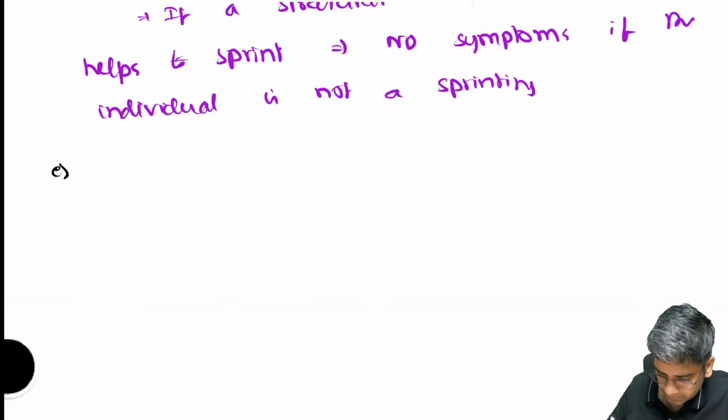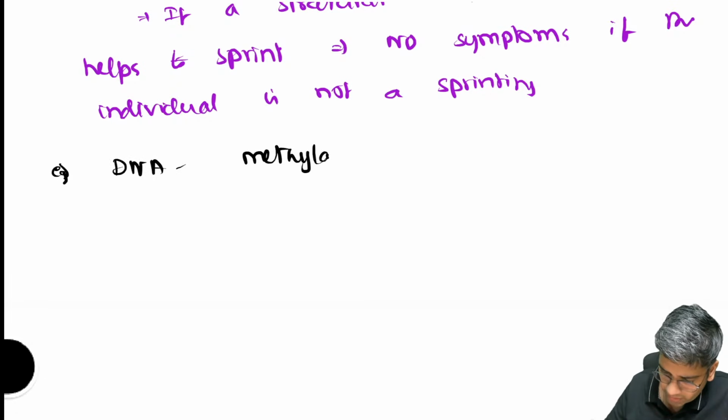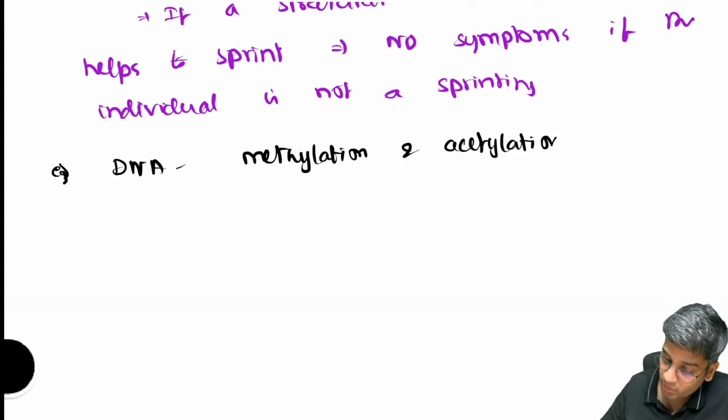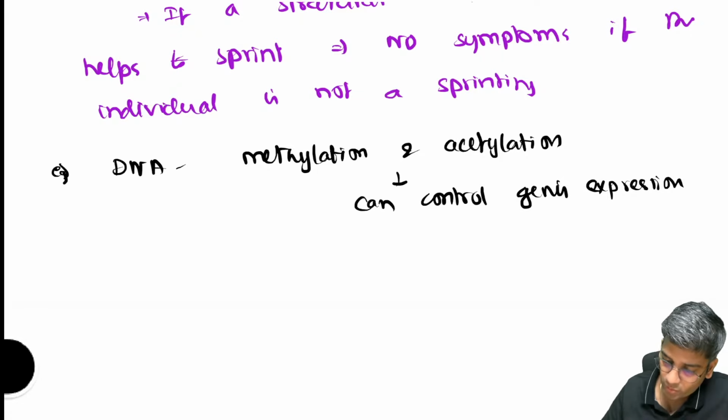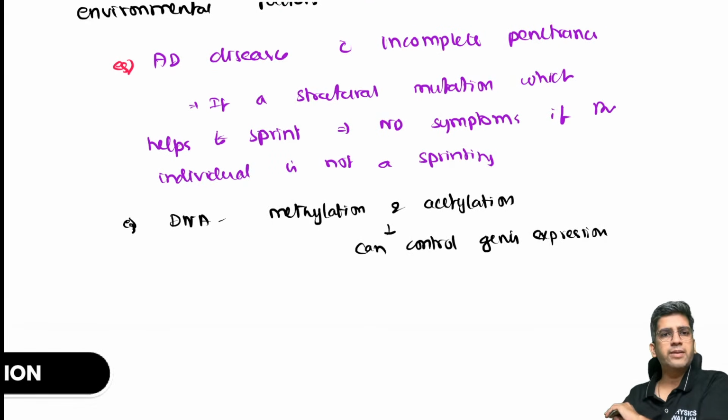Second example, the DNA methylation and or acetylation, which are epigenetic modifications, can control gene expression. So this also is a reason why I do have a mutation, but sometimes I don't have a disease.